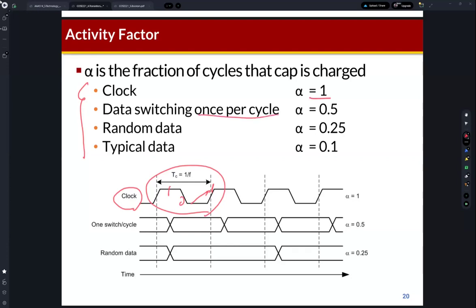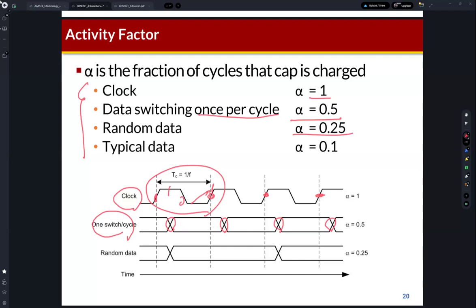So, as you can see, this is the data. You can find that at the clock edge, the rising edge of the clock, the data value is changed for every rising edge of a clock. So for this data, we can define the activity factor as 0.5, and for random data, it's 0.25.